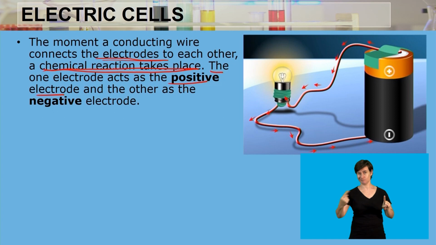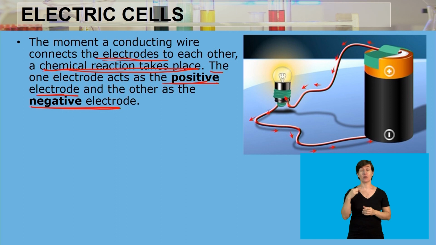Then one electrode will act as a positive electrode, and the other one will act as a negative electrode. Remember, we are not referring to them as a negative terminal and a positive terminal. We are referring to them as your positive electrode and your negative electrode.